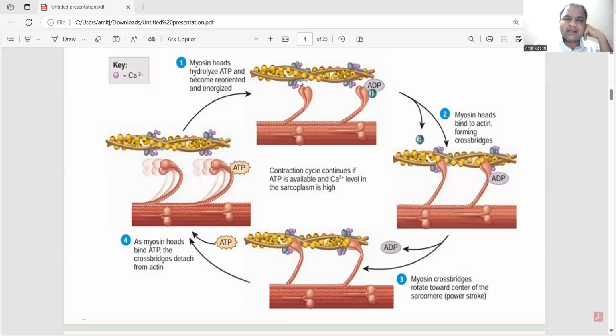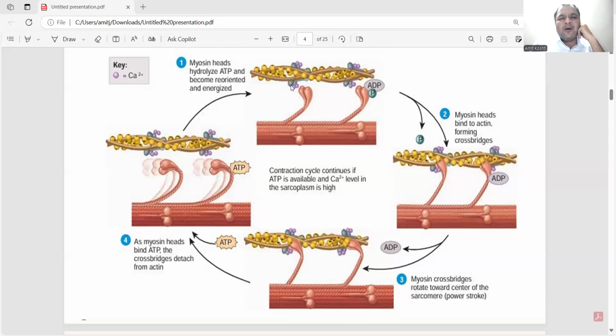But this gray color structure, the troponin, also has an affinity for calcium. So when contraction is there, the sarcoplasmic reticulum releases the calcium ion, and this calcium ion gets attached to the troponin complex. So calcium will attach here.